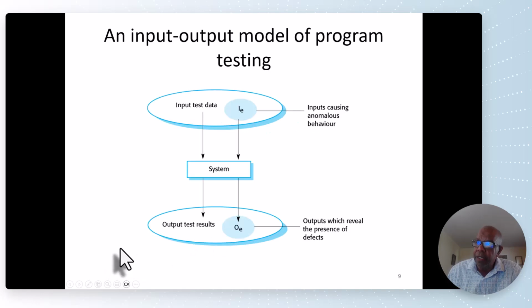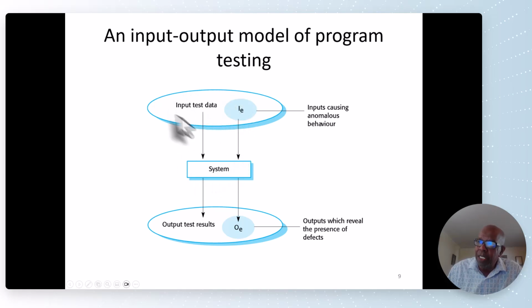Validation testing. We have the right product, okay, we have the right methods with the verification. Validation says, do we have the right product? You can get confused on this. But the basic thing with validation is this. We have a system.